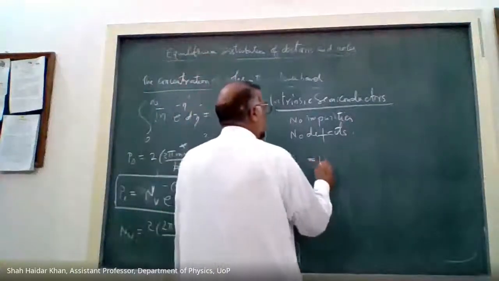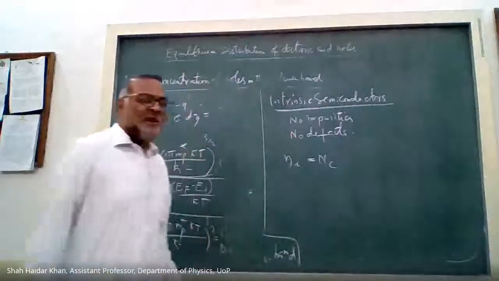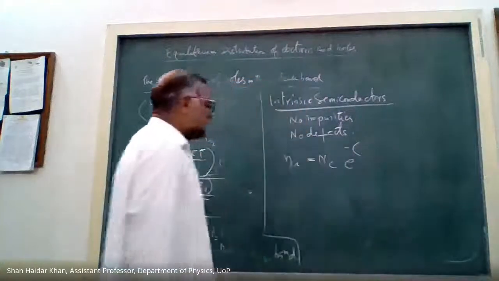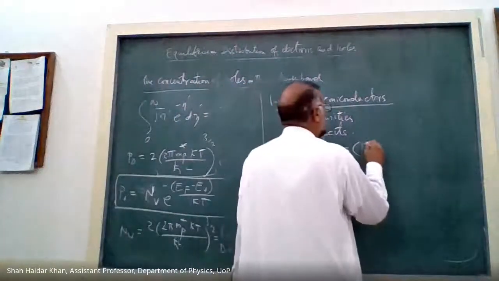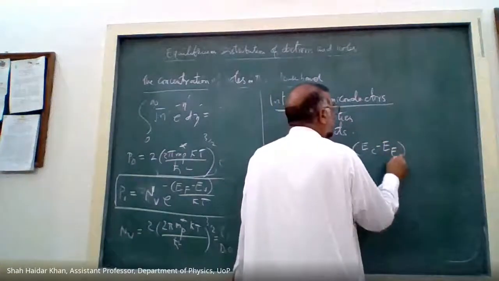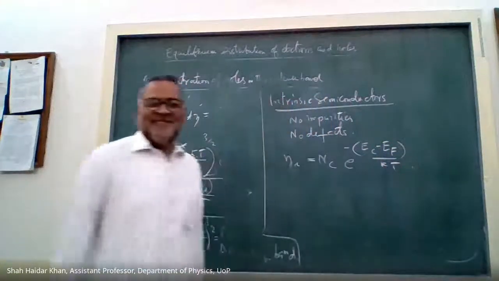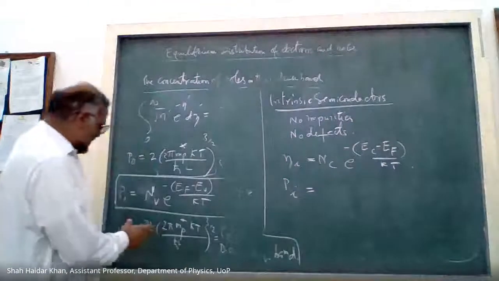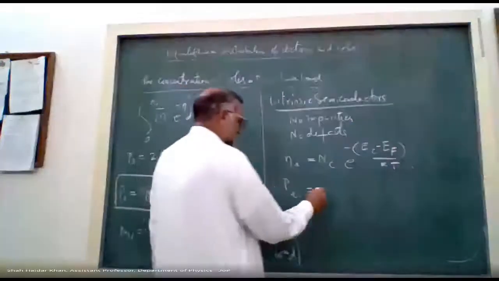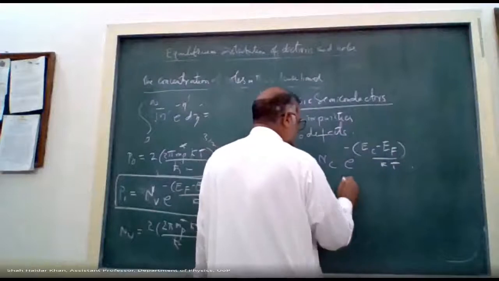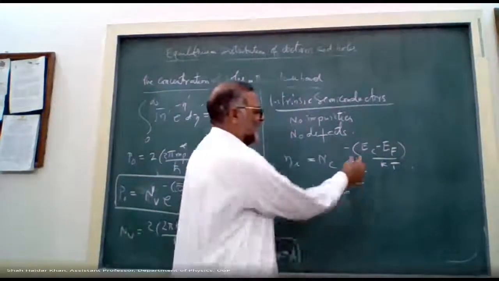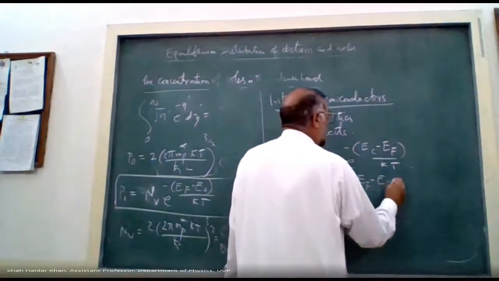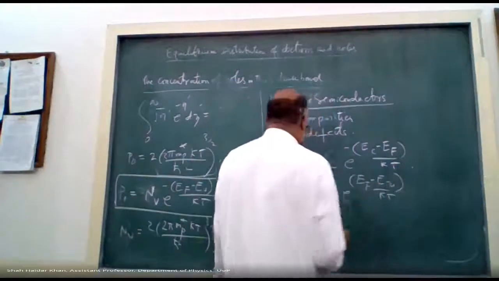So Ni is equal to Nc e to the power minus Ec minus Ef divided by KT, and Pi is equal to Nv e to the power minus Ef minus Ev divided by KT.